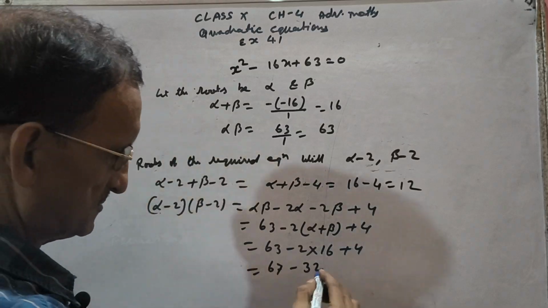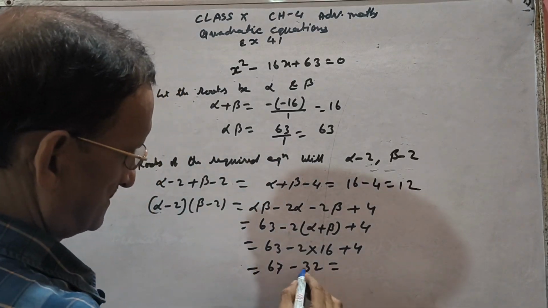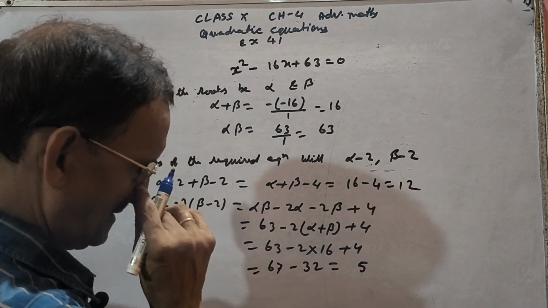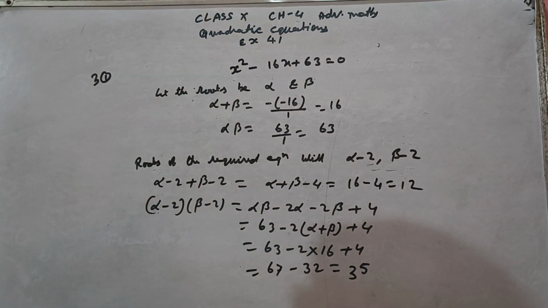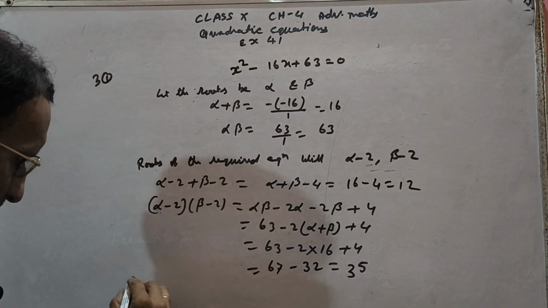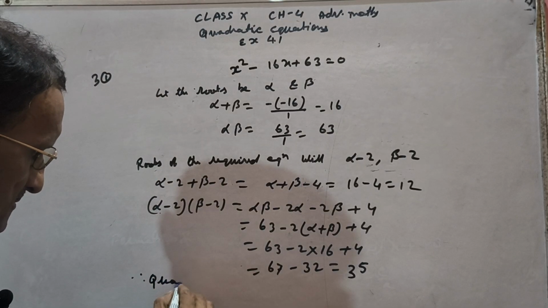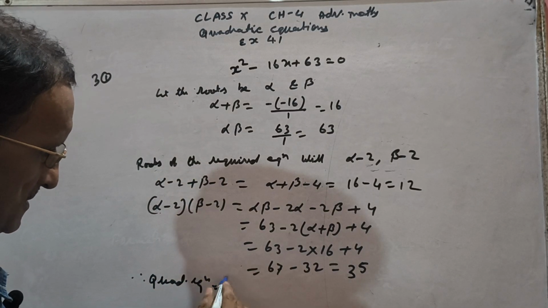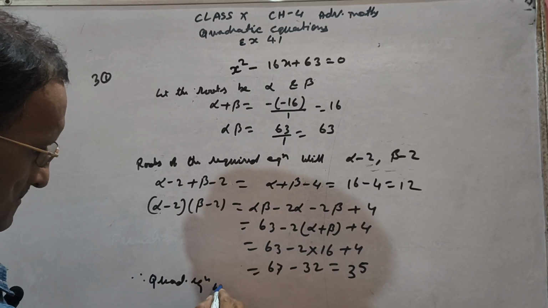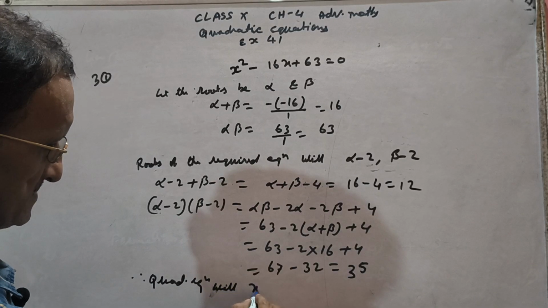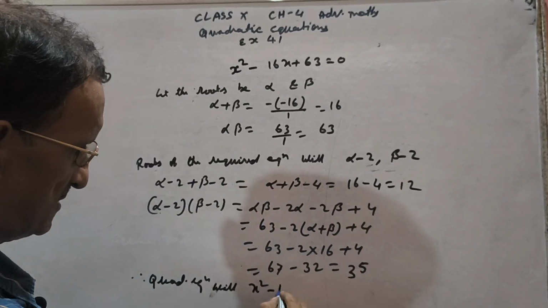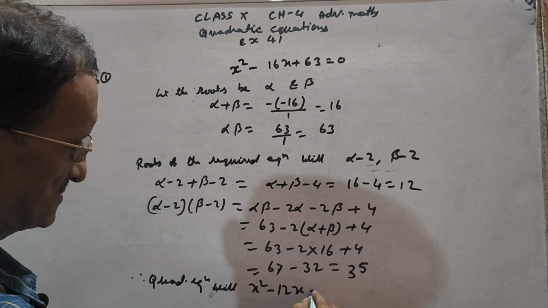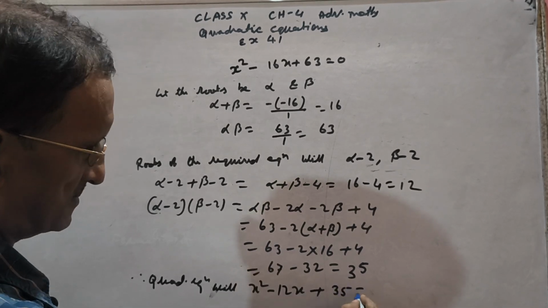Then minus it, how much will we get? 35. Okay. So therefore, the quadratic equation will be what? x square minus sum of roots, which is 12, into x plus product of roots is equal to 0.